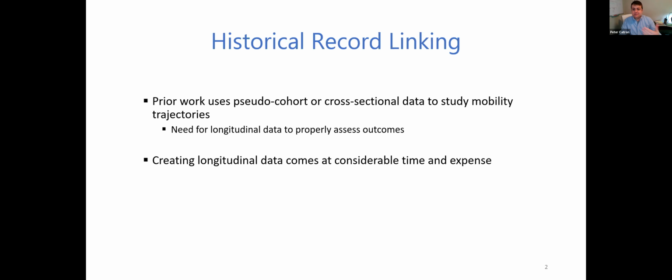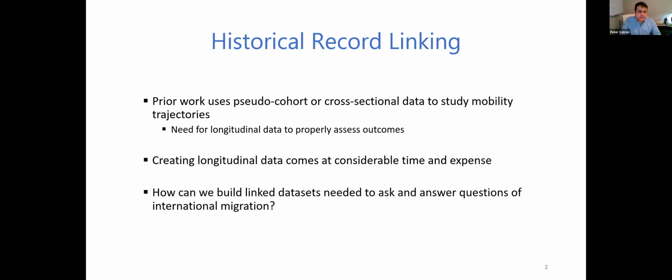For one, we need time to actually go by in order to follow immigrants and their children. It's difficult to follow individuals who go back and forth between their home countries and their receiving countries. And so researchers generally use things like pseudo-cohort analyses or cross-sectional analyses, which have a lot of biases, because they include return migrants and those who are going to stay, among other things that cross-sectional data usually presents.